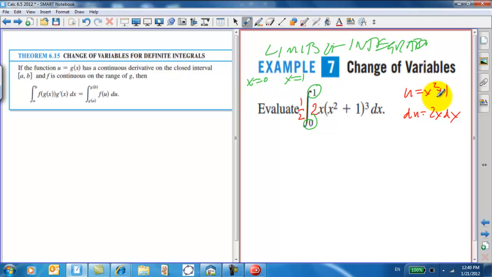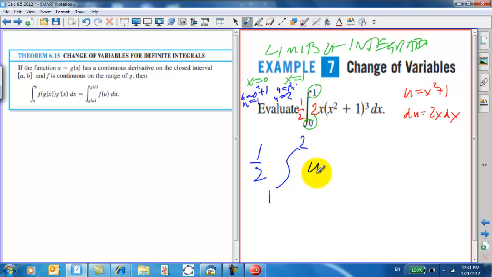So when we do our u substitution, you have to consider that and say, oh, put 0 into this formula, and you get u equals 0 squared plus 1, or 1. And put 1 into this formula, so we get u equals 1 squared plus 1, or 2. So even though x goes from 0 to 1, now when we set up the u integral, we're going to go from 1 to 2.